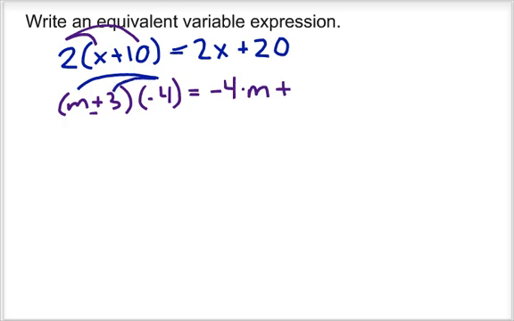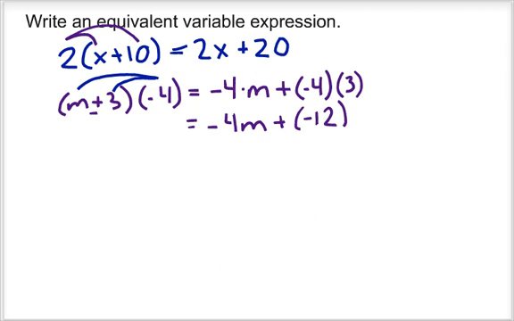And then we've got negative 4 times 3. So we get negative 4m plus a negative 12. And we know that we can rewrite that plus a negative as a subtraction problem, so negative 4m minus 12.